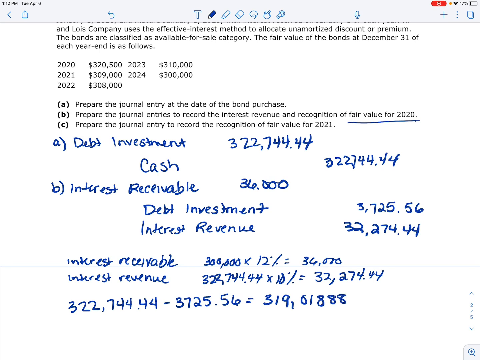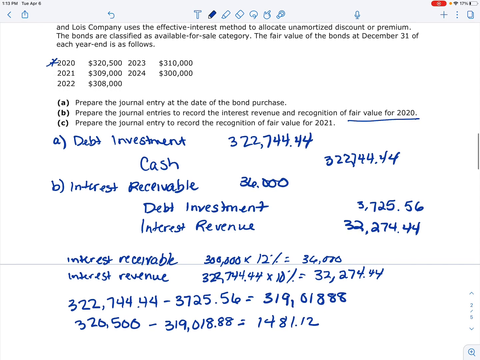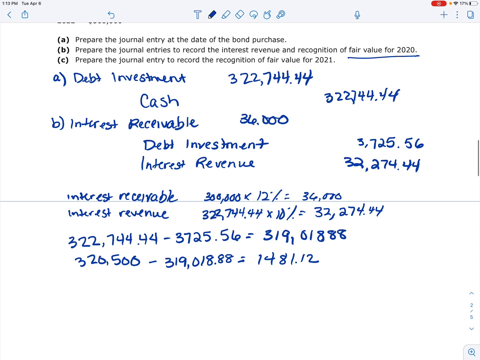Now we're going to compare that to the 2020 fair value. 320,500 minus the 319,018 is going to be equal to 1,481.12.